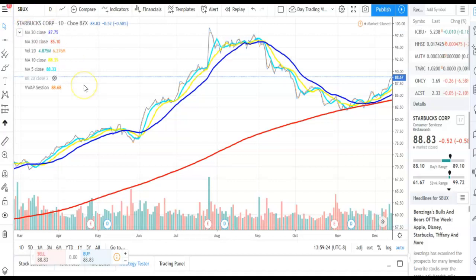This is Starbucks. This is the current depiction of Starbucks. It is currently sitting at $88.83. And these lines you see here, not the blue and the yellow thick lines, those are my moving averages, which we'll talk about with indicators in the volume 3 video.